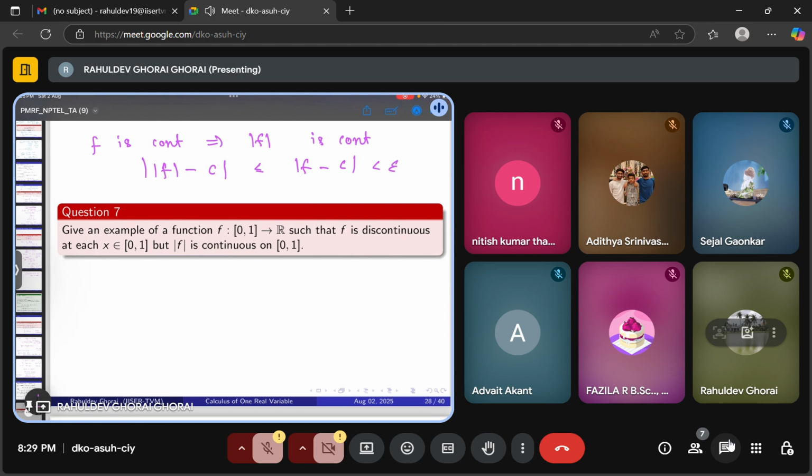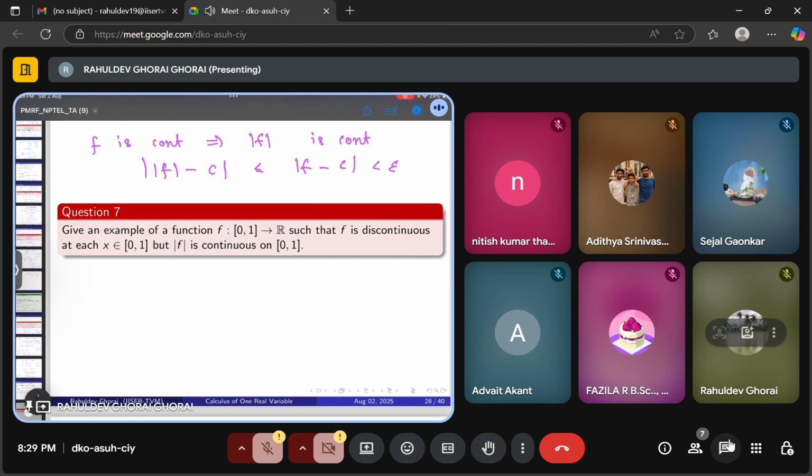Give an example of a function f such that f is discontinuous at each point, but modulus f is continuous. So even though modulus f is continuous on 0 to 1, f can be discontinuous at each point x belongs to 0 to 1. One easy example you can give is discontinuous at one point and continuous at all other points.